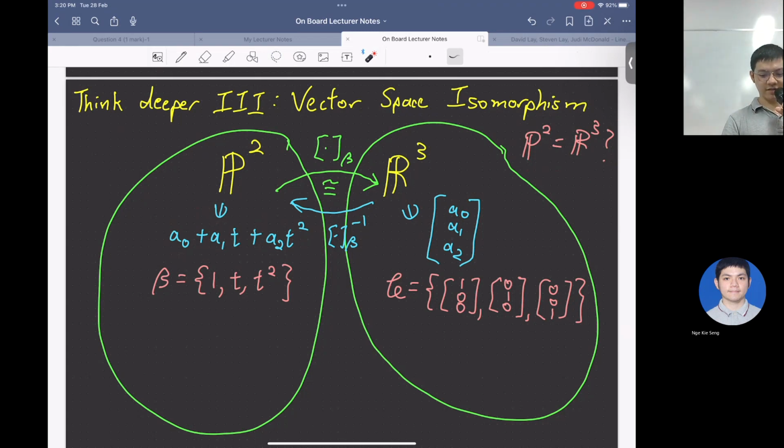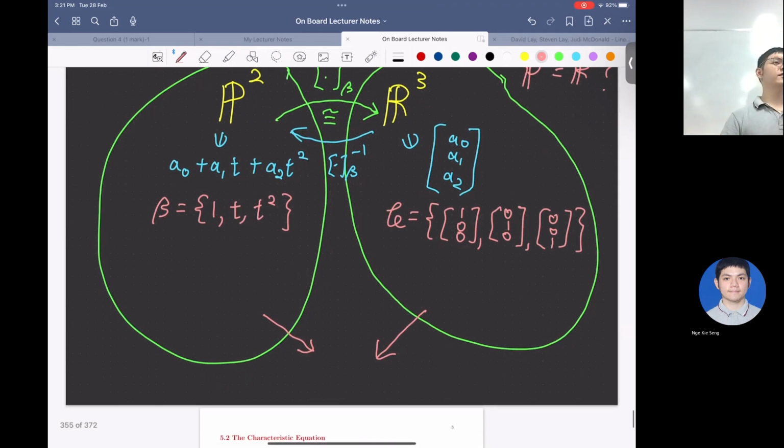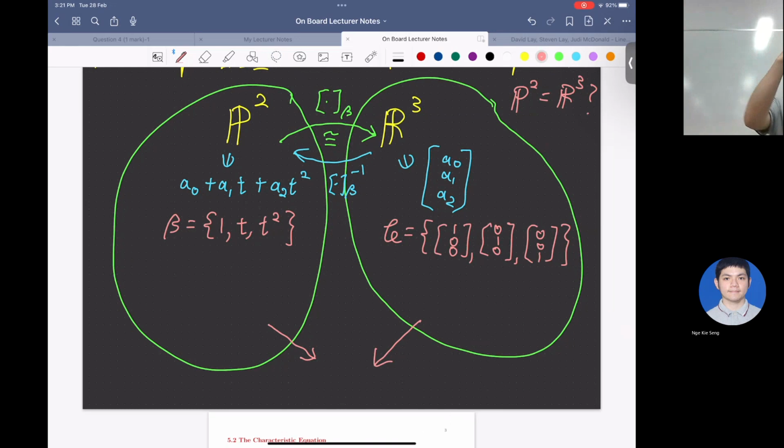And last time we said that there is an invariant of this vector space. Since they are the same, this similarity should be demonstrated by some object, and this object is what we call the dimension. So after we take the dimension, what do we get?